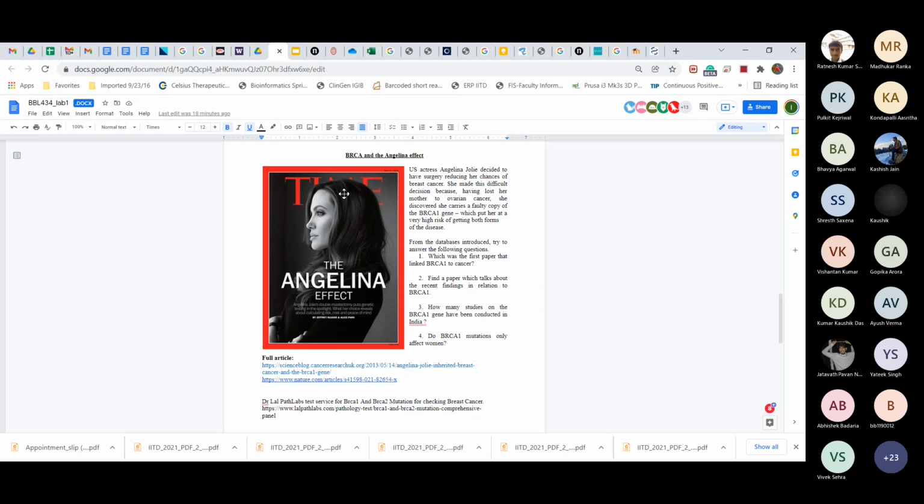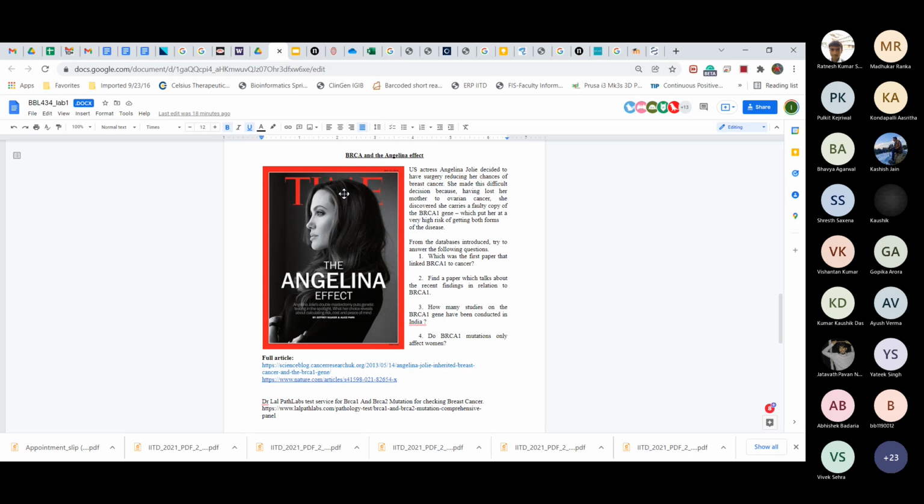Next question: find a paper which talks about a recent finding with respect to BRCA1. Third question: how many studies have been conducted in India about the BRCA1 gene specifically? And the fourth question: does BRCA1 mutation only affect women, or in other words, does it have effects in men as well?